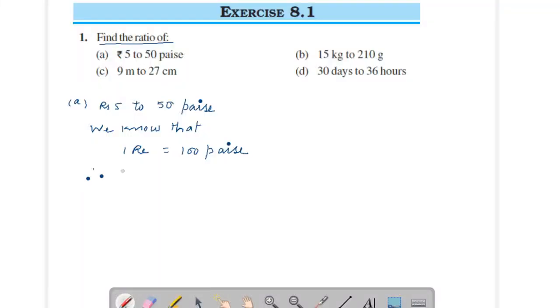Therefore, 5 rupees equal to 5 into 100 paise, that is 500 paise.